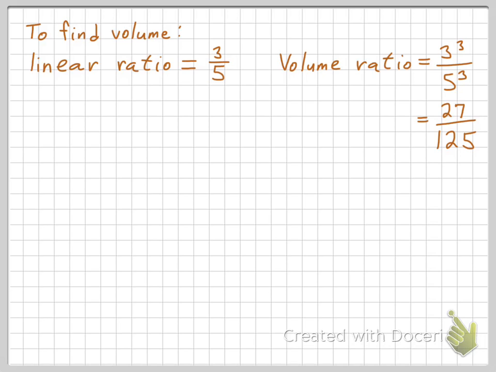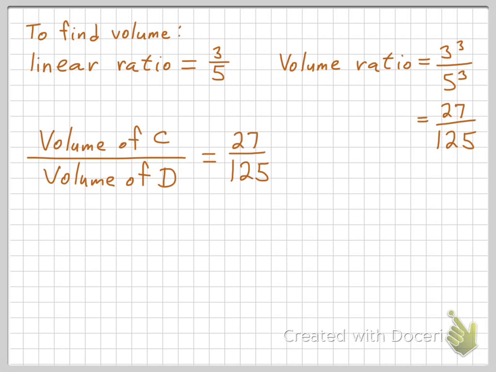And that would be then 3 cubed is 27 and 5 cubed is 125. So you need to use the ratio 27 over 125. So the volume of C compared to the volume of D would be in a ratio of 27 to 125.